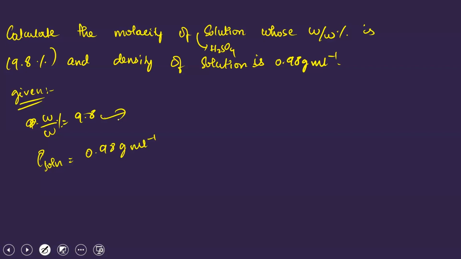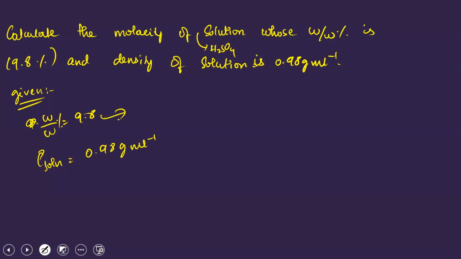If weight by weight percentage is 9.8, how do we understand that? I told you how to expand it. Do you remember? Weight of the solute by weight of the solution. Weight by weight percentage formula is weight of solute by weight of solution into 100.